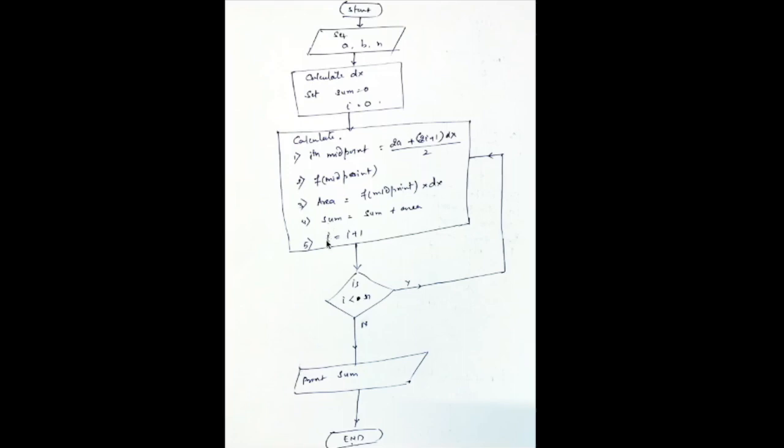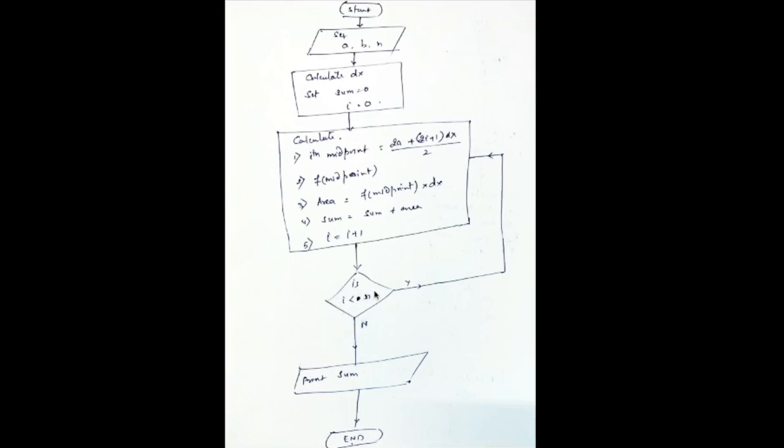Then you increment your strip, you go from i to i plus 1, and then you ask the question: have you reached the last strip, that is, has i reached n or not? In my formulation I am doing from i equal to 0 to i less than n. It will keep asking this question while i is less than n. The moment i is equal to n, it will break.